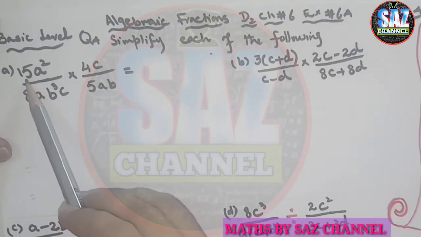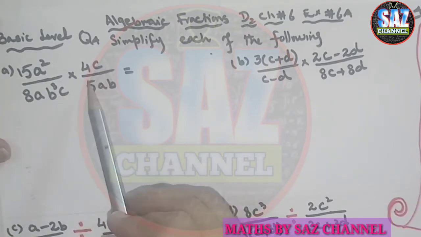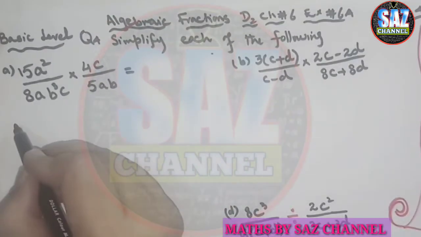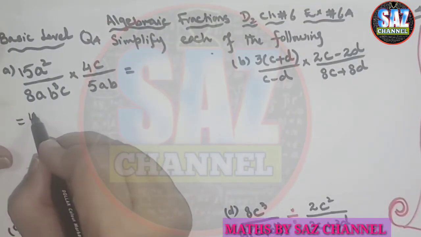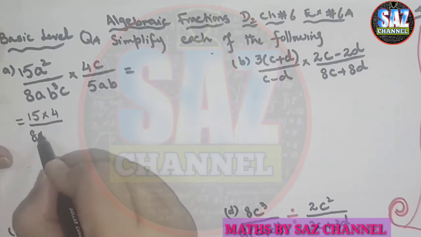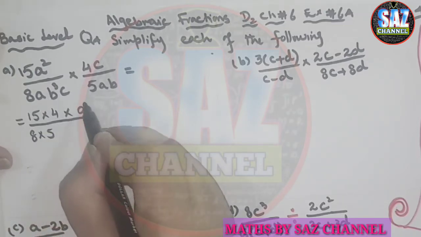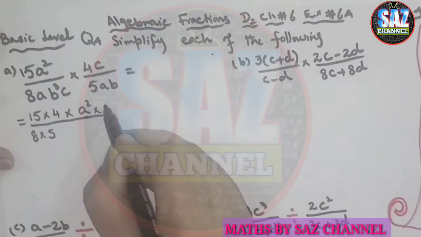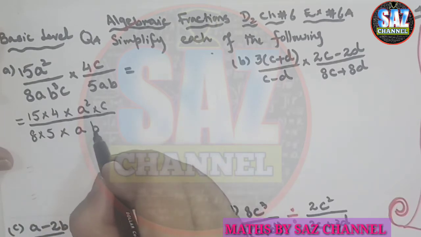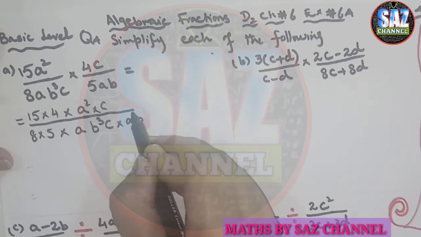The first part of the question is 15a squared upon 8ab cubed c multiplied by 4c upon 5ab. It's better to write the constant coefficients in the beginning, like we have 15 multiplied by 4, then 8 and 5, and then we write the variable terms: a squared c multiplied by a, b cubed c multiplied by a and b.